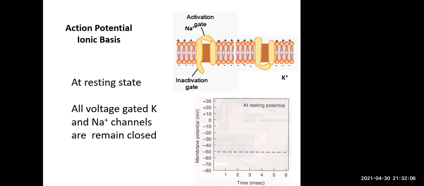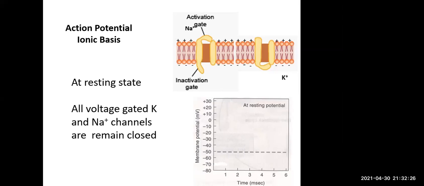So whenever there is opening of a channel, automatically ions will move from higher concentration to lower concentration. So whenever there is opening of the sodium channel, there will be movement of sodium from outside to inside; influx will be there.